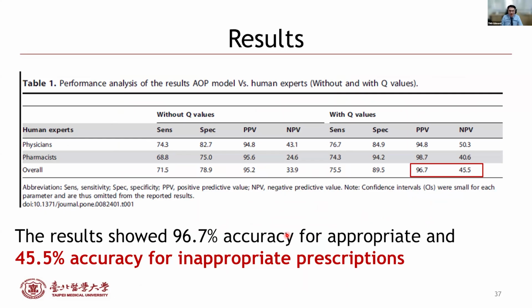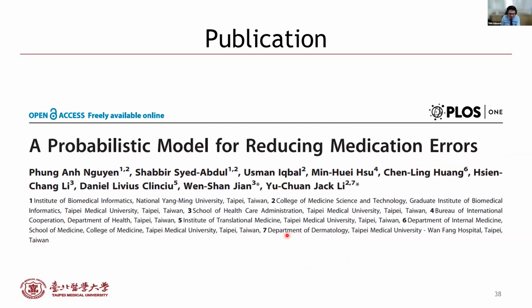It means if our model says a prescription is inappropriate, the physician will agree at a rate of 45%. You might say 45% is not high, but based on rule base, it's only 5%. Now 45% is higher than 5%. It's higher, yeah.